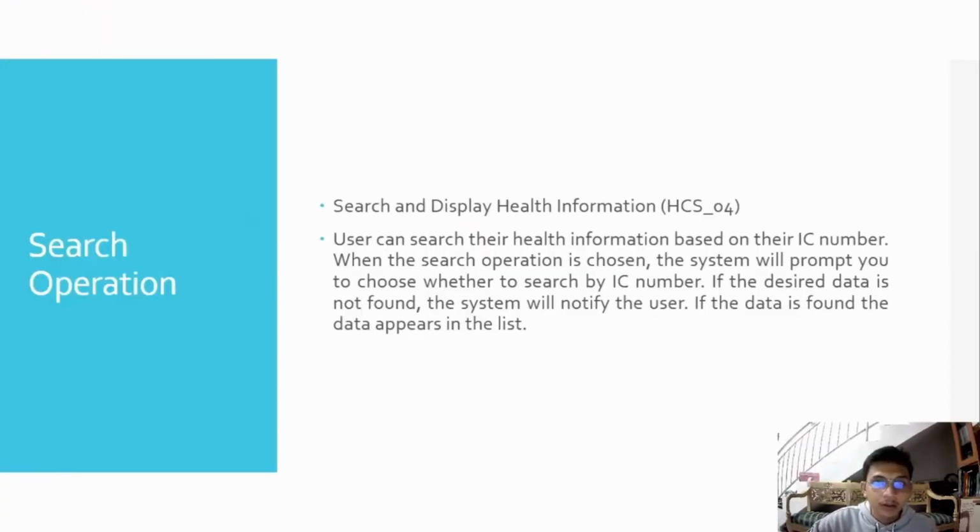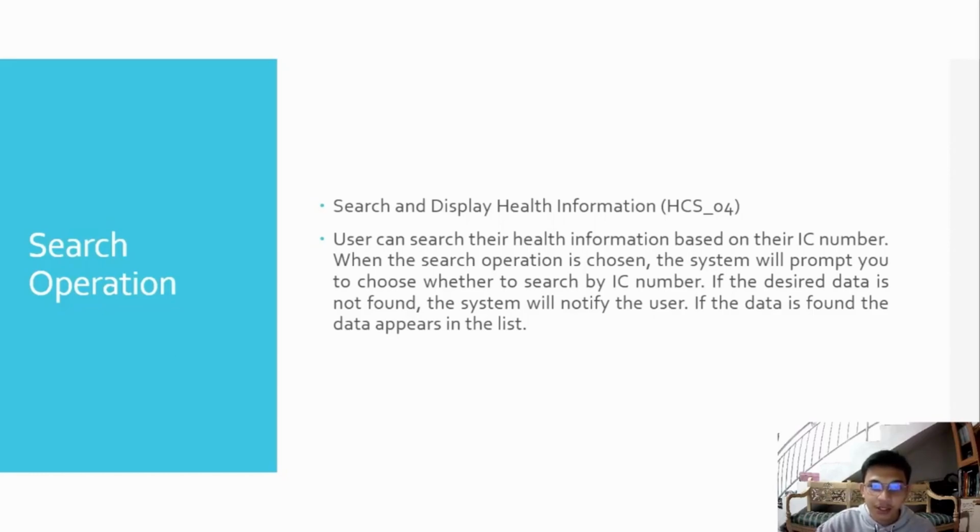Okay, I will explain about the search operation part. In this program, we have a search and display health information function. In this functionality, users can search their health information based on their IC number.